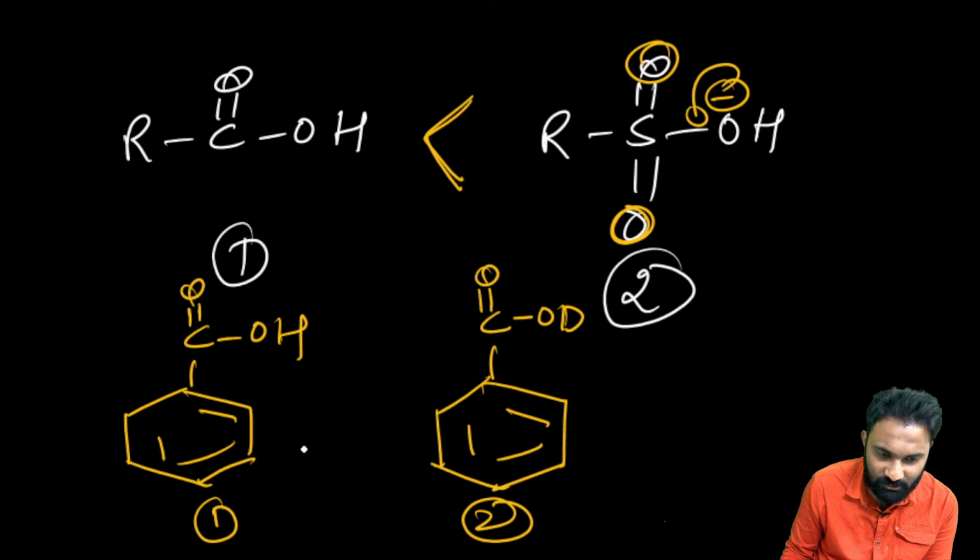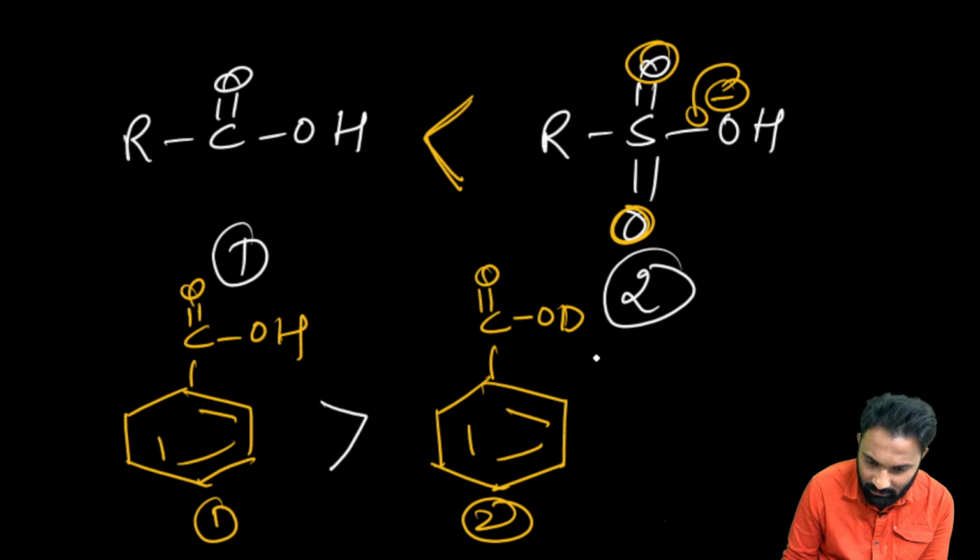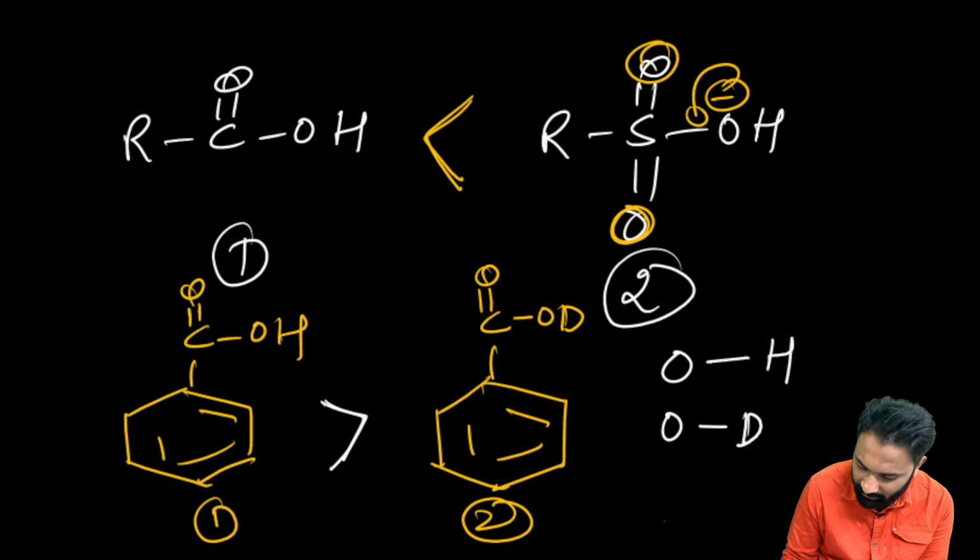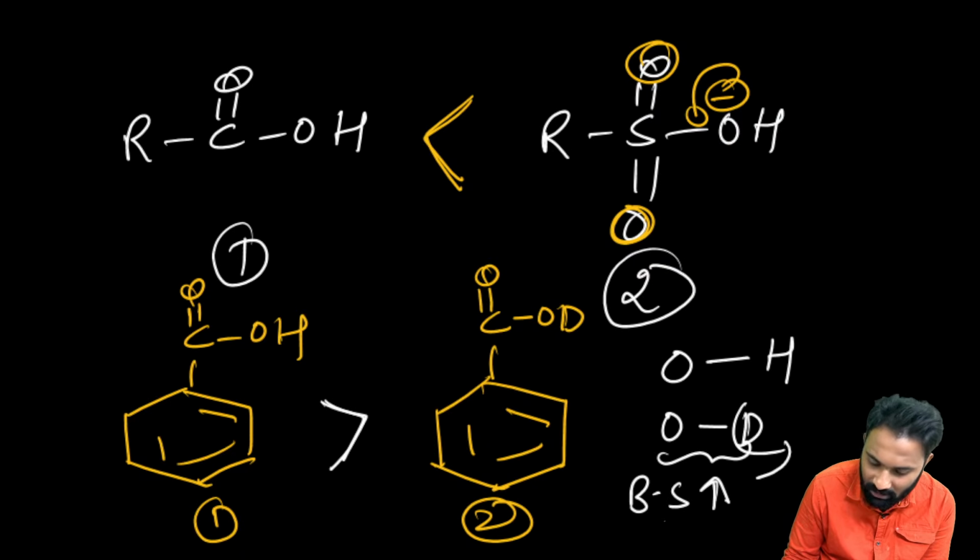Among the 1 and 2, which is more acidic? Now among the 1 and 2, 1 is more acidic than the 2. Why? Because in 1, the bond strength between oxygen and deuterium is high, so this deuterium will not be given to the solution.